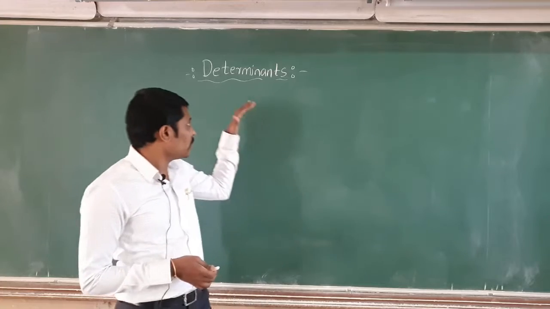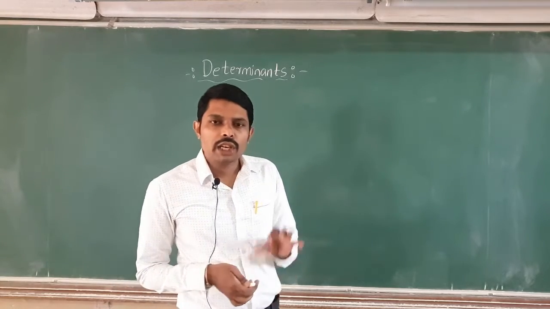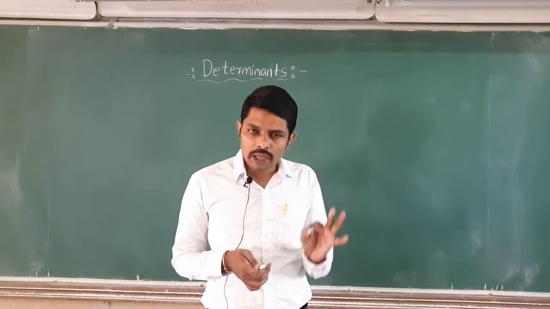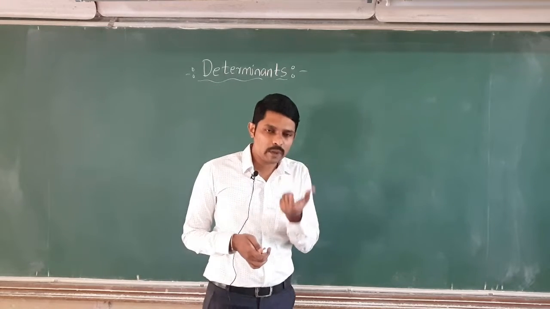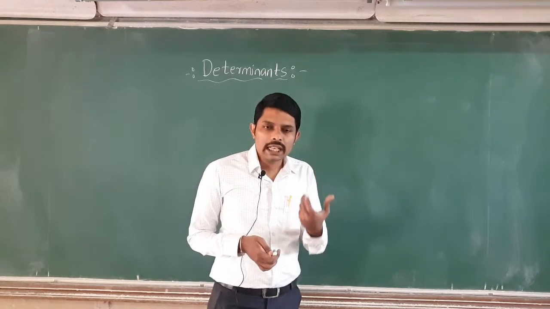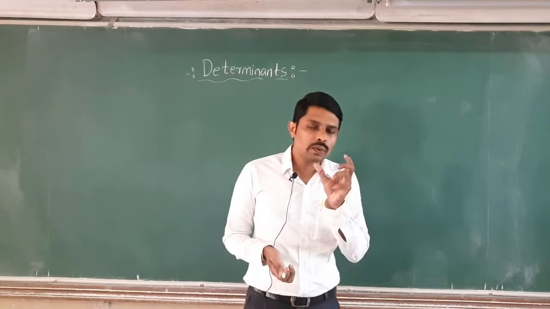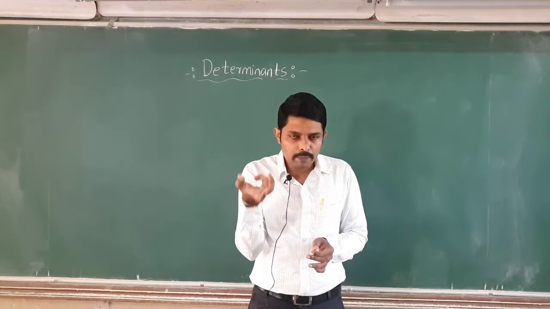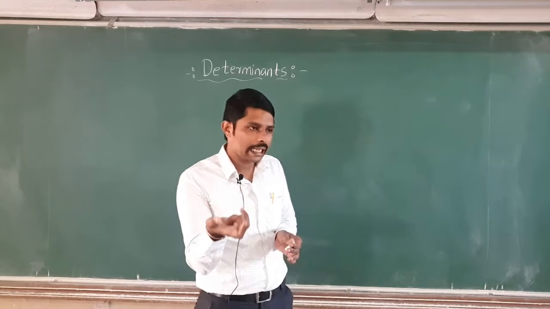Now, the definition of determinant: every square matrix, remember the word, every square matrix can be associated with a number or an expression called the determinant of that matrix. I will repeat, for every square matrix, we can associate a number, means we can find a number or we can associate an expression, that is called determinant.